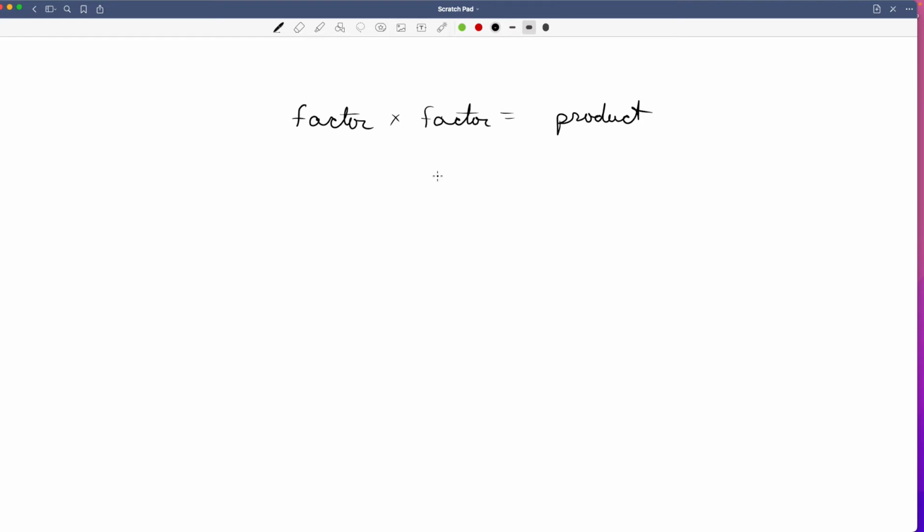So 3 times 5 would equal 15. 3 and 5 are factors. 15 is the product, right? You remember that? Awesome. So when it says product in a word problem, that is a clue that we need to multiply. So let's look at our first word problem that uses product in it.